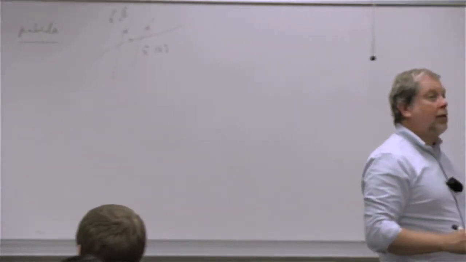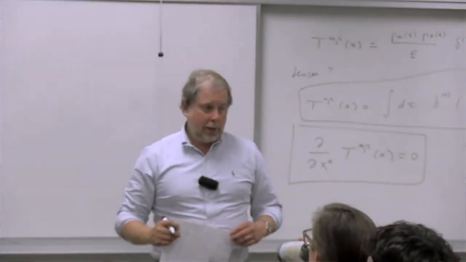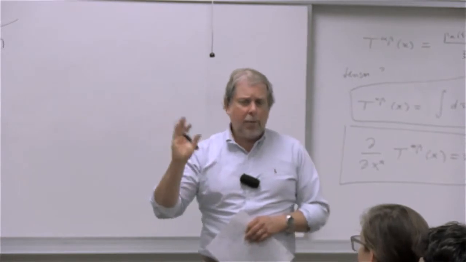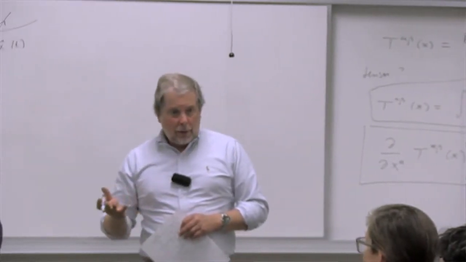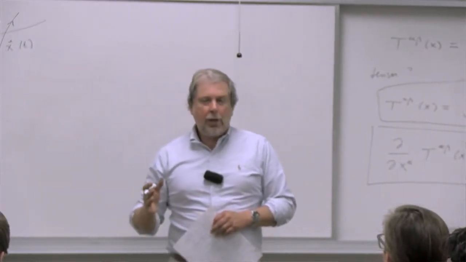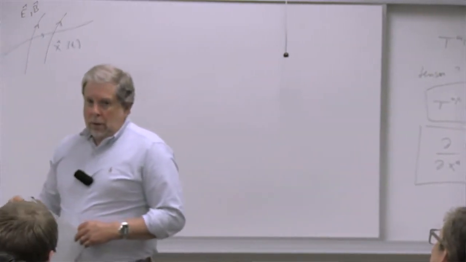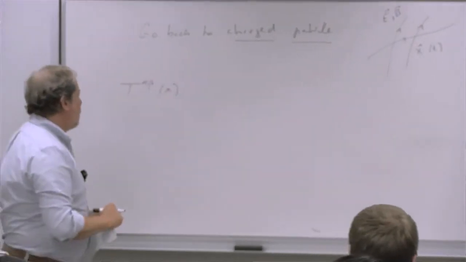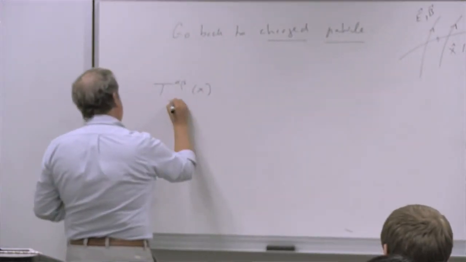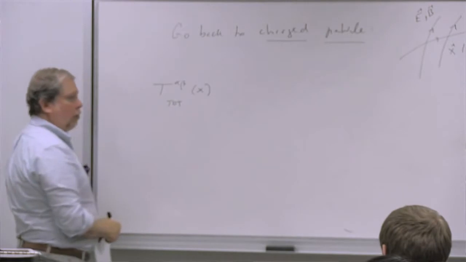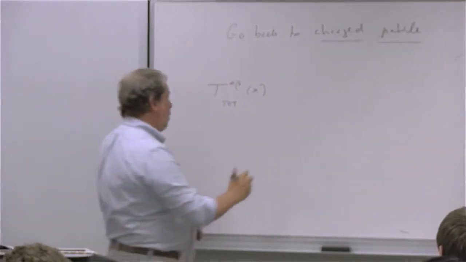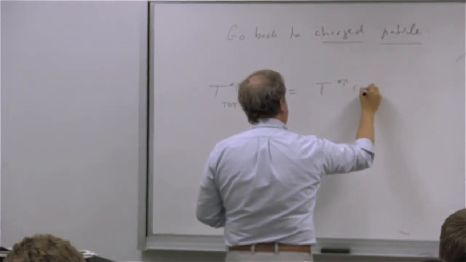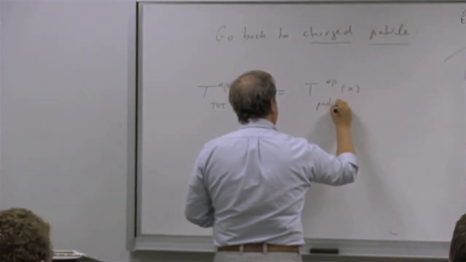Because if the particle is in an electromagnetic field, then we do have the energy momentum tensor that is associated with the particle, which has to do with its momentum energy. But we have another component, which is the energy momentum associated with the electromagnetic field, right? Very good. So that means that we should really talk about the total energy momentum tensor, and that will be the T alpha beta of x that refers to the particle, right?